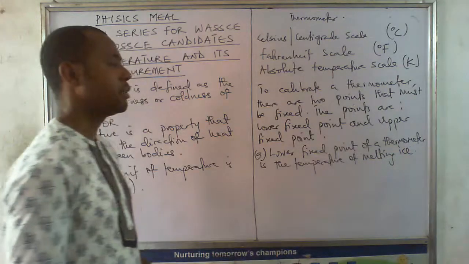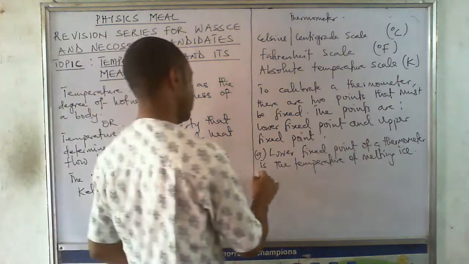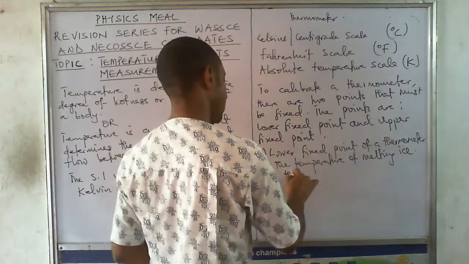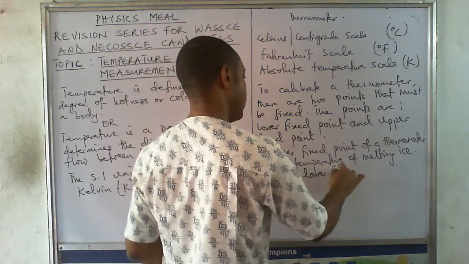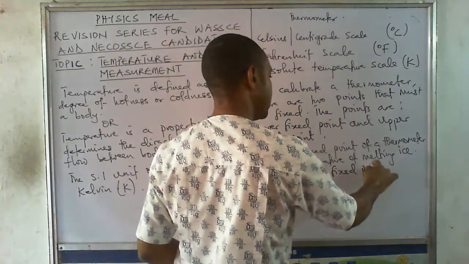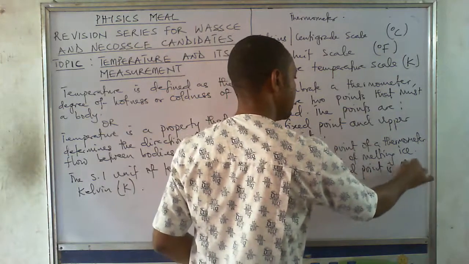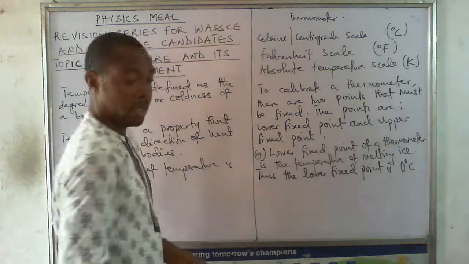The temperature of melting ice. Thus, the lower fixed point is 0 degrees.